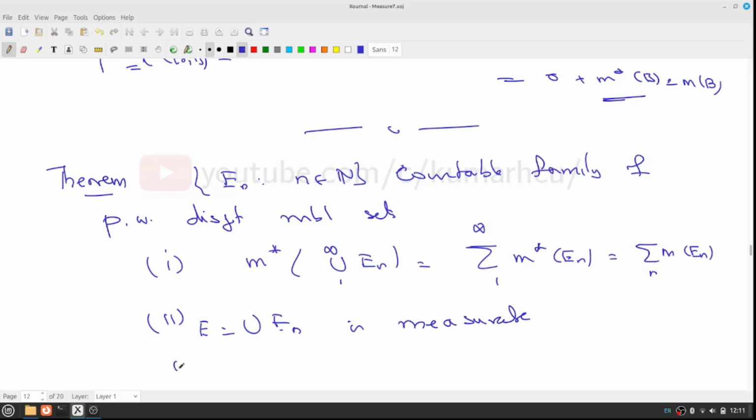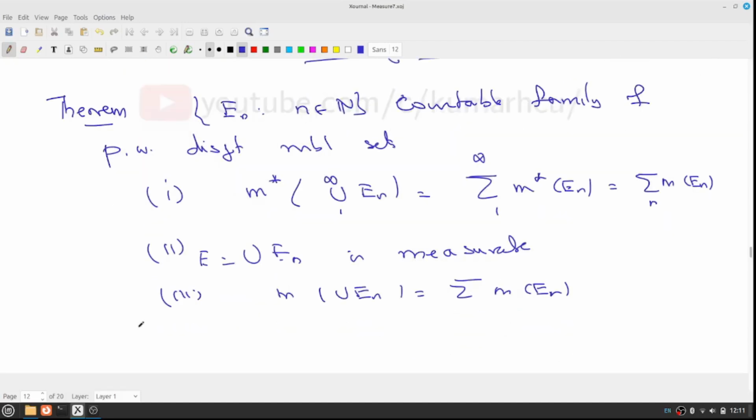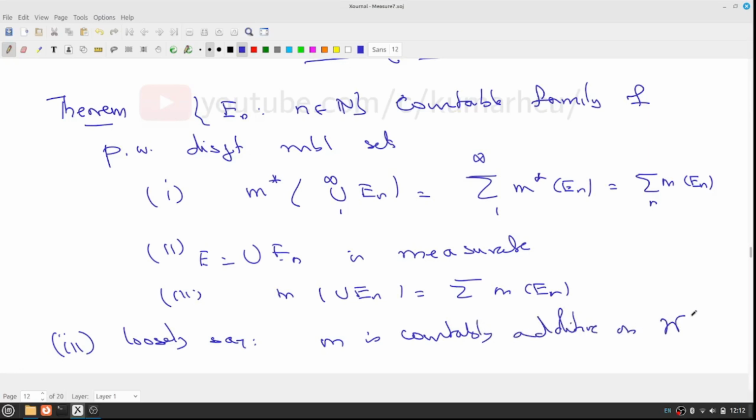Therefore, one reads as this: m of the union En is the summation of m of En. This, paraphrased, is what we loosely say: m is countably additive on the class of measurable sets.